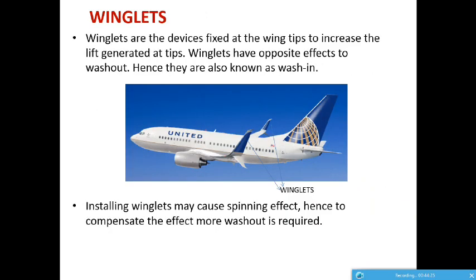So winglets, I already gave brief knowledge about winglets. Winglets have the purpose of reducing the amount of drag caused due to the vortex. Vortex is nothing but the roll or the motion of the air from the under surface of the wing to the surface above the wing, causing a very large amount of drag at the tips, thereby reducing the lift to a very low level.